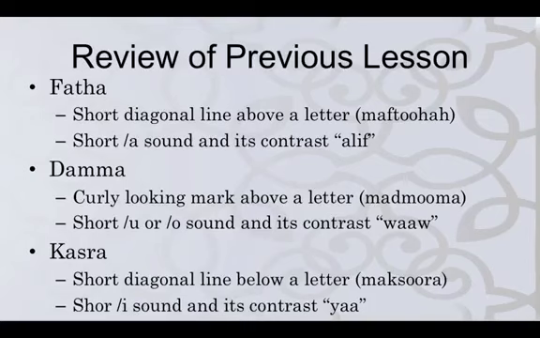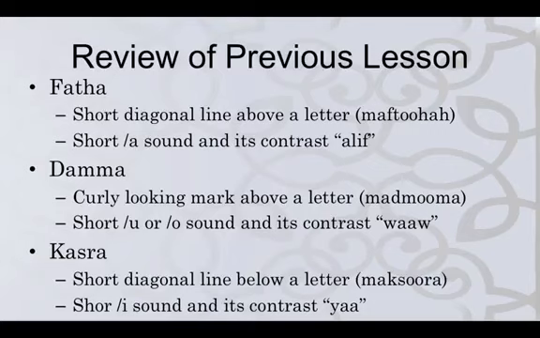The fatha denotes a short a sound, but you must contrast it with the alif, which is the long vowel, the equivalent of two fathas, two movements. I'll do a quick review of the sounds in just a second. The dhamma, which is the second diacritic we learned in the last lesson, is a curly looking mark above a letter.